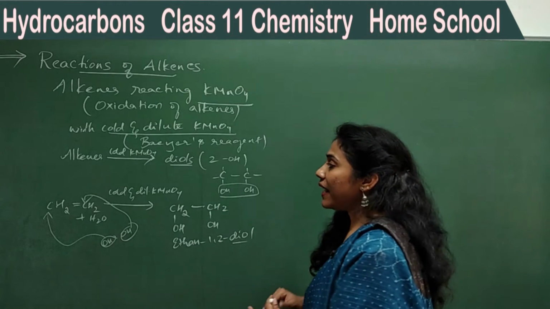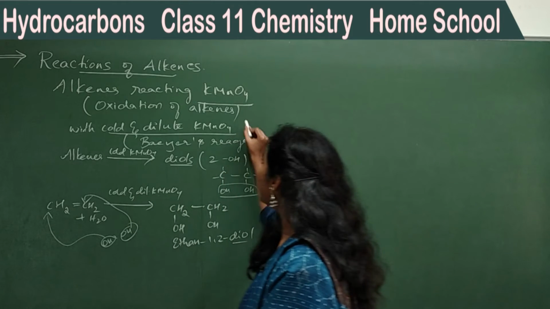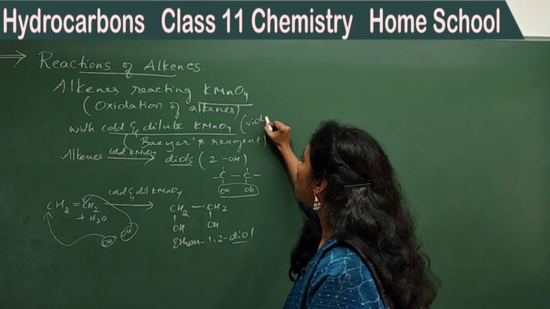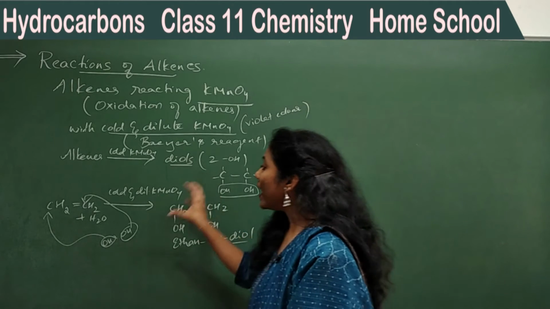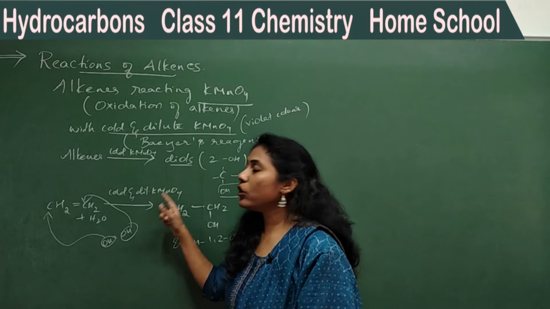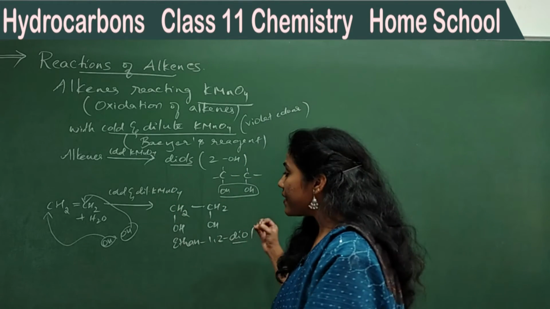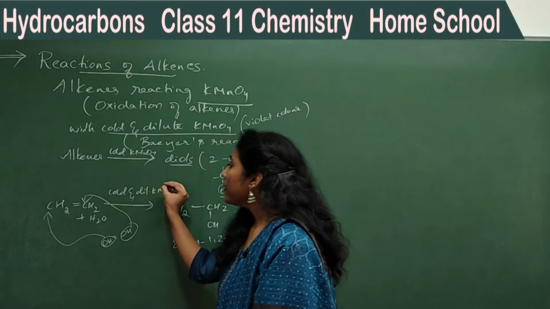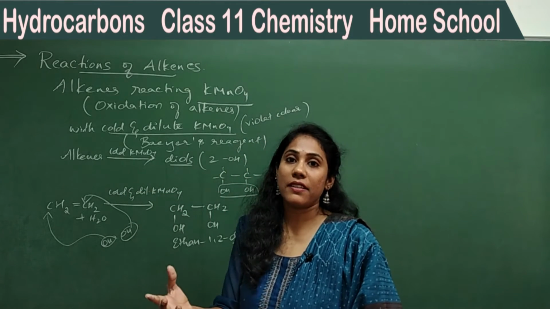Fine. So now actually cold and dilute KMnO₄ is violet in color. So during the reaction, the violet color of cold and dilute KMnO₄ will disappear, right? Since the reaction is happening, the color disappears.